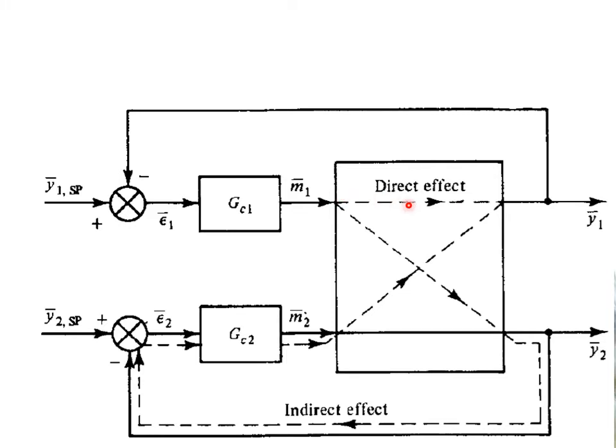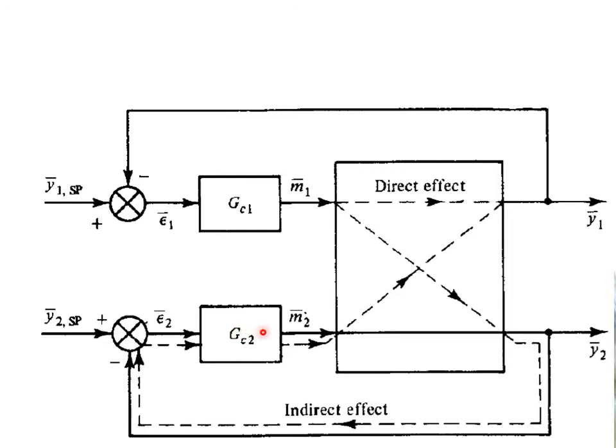But what happens is that as this direct effect is felt by y1, along with it this m1 is also changing y2. This y2 gets disturbed, and to bring this y2 back to its original point, what will happen is that the change in y2 is going to generate some error over here, and the controller gc2 is going to bring y2 back to the normal point.